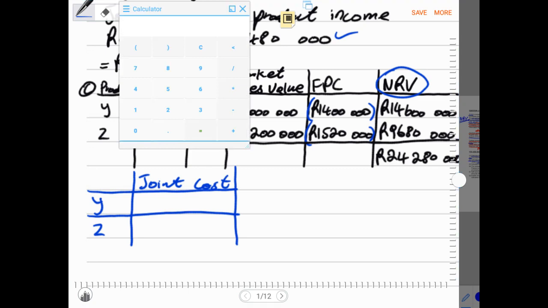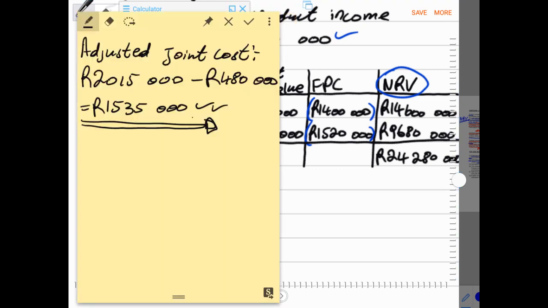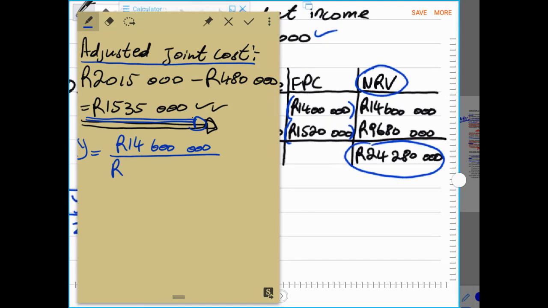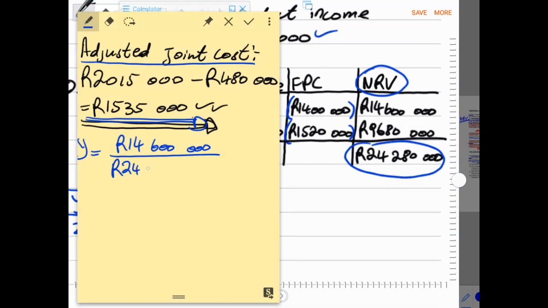So now what do we do? We say the allocation of the adjusted joint cost. Remember, we are focusing on the adjusted joint cost. These are the joint costs that were adjusted. So now for product Y, it will be equal to the amount of the net realizable value, which is 14,600,000 rands, and we divide this by the total of the net realizable value, 24,280,000 rands.